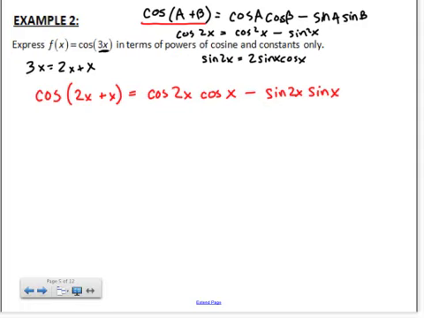Okay. So now I'm going to substitute in for the cosine of 2x the identity that we saw up there.